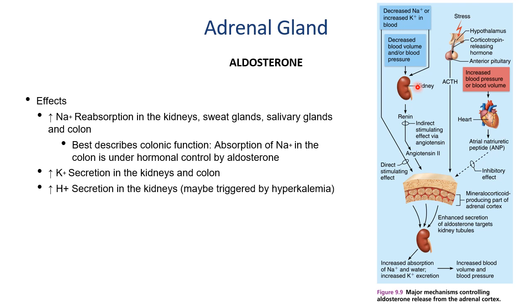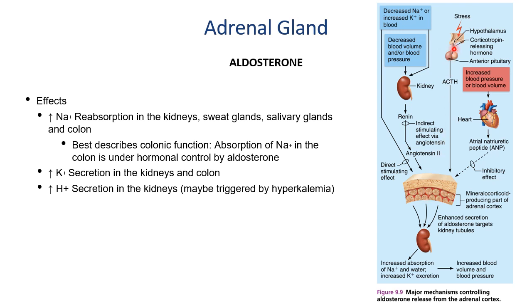The kidney, in response to low blood volume, will release renin, and this renin will cause the production of angiotensin 2. Again, how is that? Angiotensinogen is converted to angiotensin 1 by the action of renin, and angiotensin 1 is converted to angiotensin 2 by the action of angiotensin converting enzyme. And angiotensin 2, which is the terminal hormone, stimulates the zona glomerulosa in its release of aldosterone.